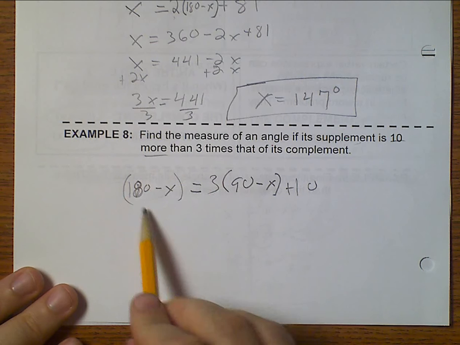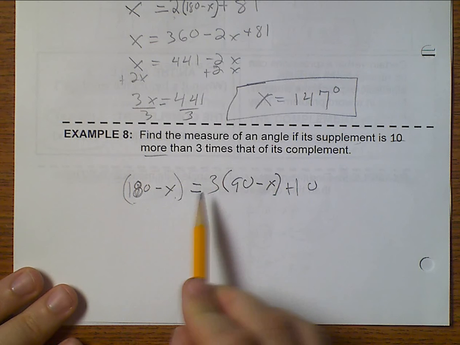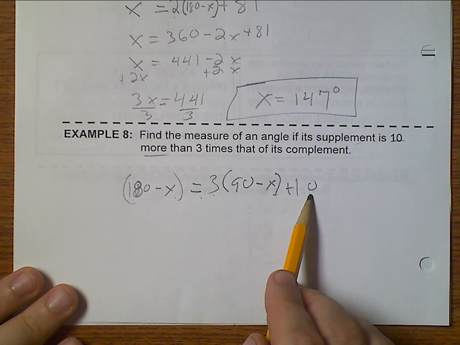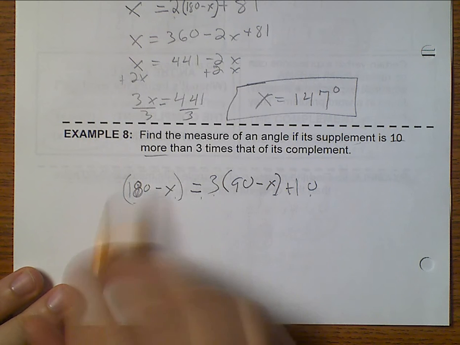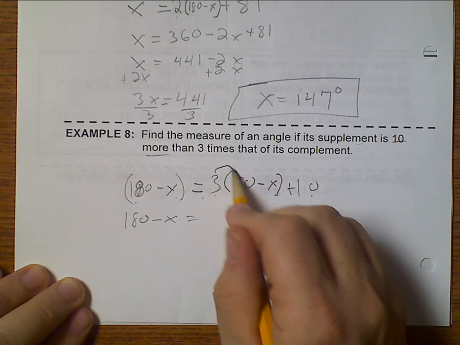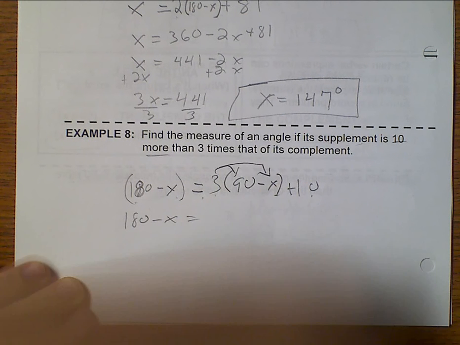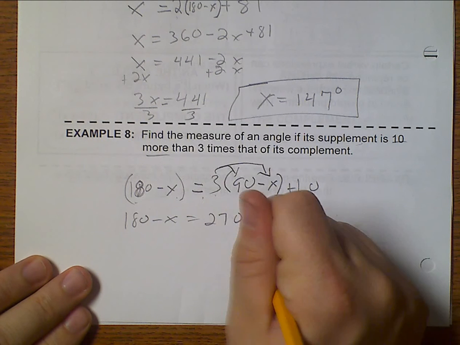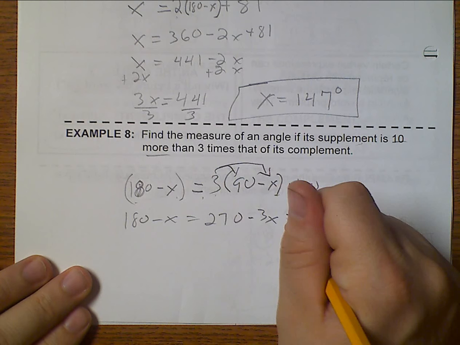So the supplement is 3 times the complement plus 10. Well, these parentheses don't mean anything. 180 minus x equals, these do. So 3 times 90 is 270 minus 3x plus 10.